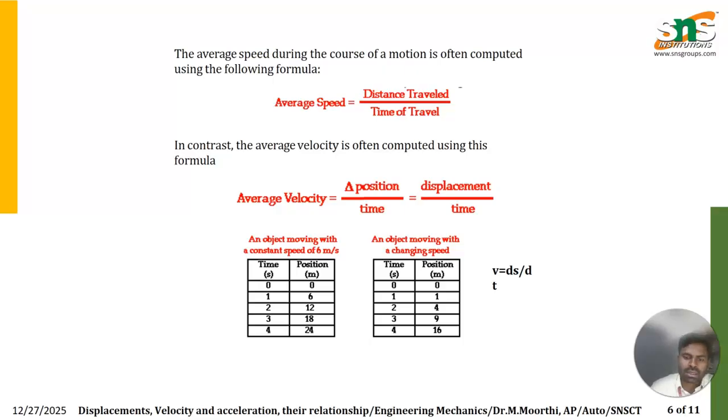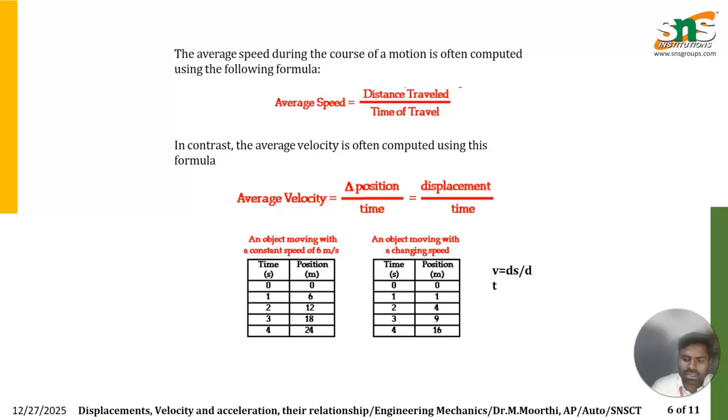There are different distances and different times taken. For average speed, you take the total distance from start to end, divided by the total time taken by the train to cover this entire distance. Similarly, the average velocity is the total displacement divided by the time taken.